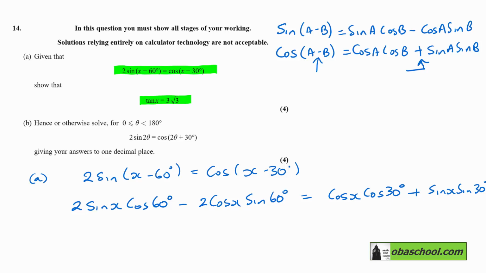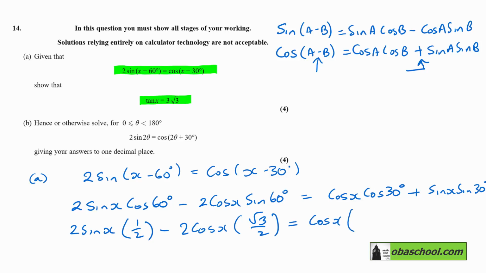So we need to know our exact values. This one is 2 sin x and cos 60 is a half. This one is 2 cos x and sin 60 is root 3 on 2. Then we have cos x cos 30 is root 3 on 2. And sin x and sin 30 is a half.